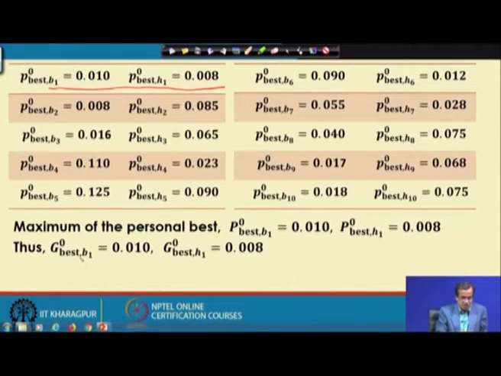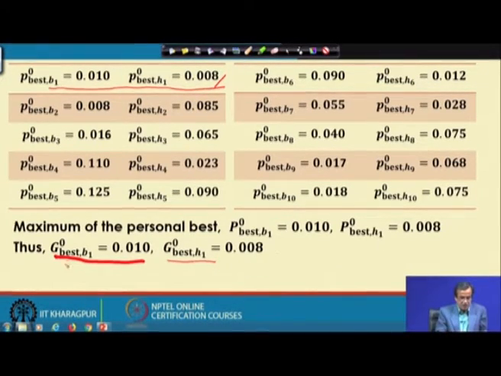That means this is nothing but the globally best solution. So, the globally best solution is found to be something like this: g best comma b 1 with respect to 0 is nothing but 0.010. Similarly, g best comma h 1 with respect to 0 is 0.008.